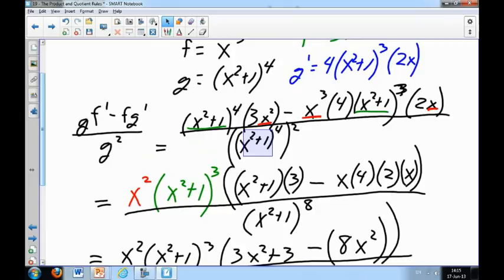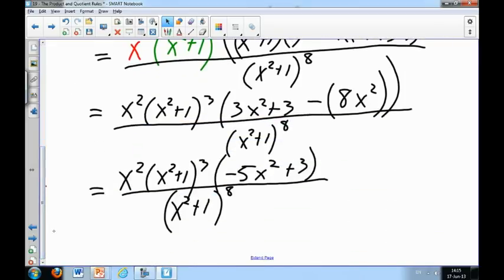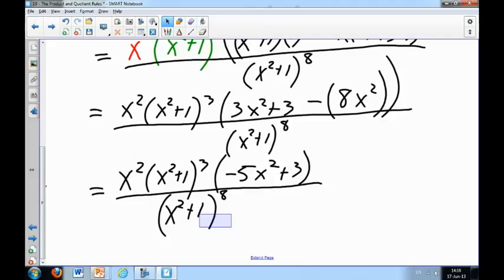That is the same as the ones up top. So that must mean that there are common terms down here. We have the x squared plus 1 here, and we also have it on the top.